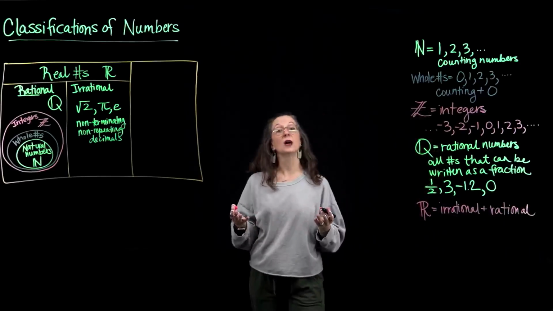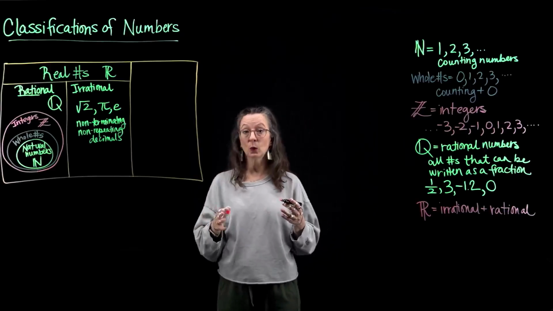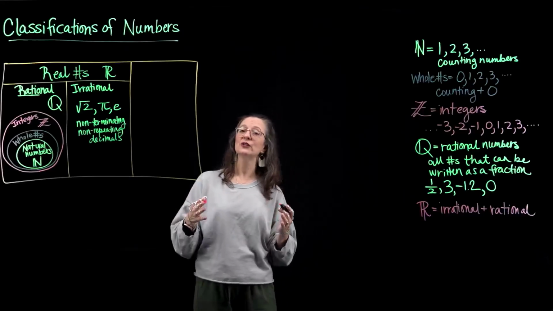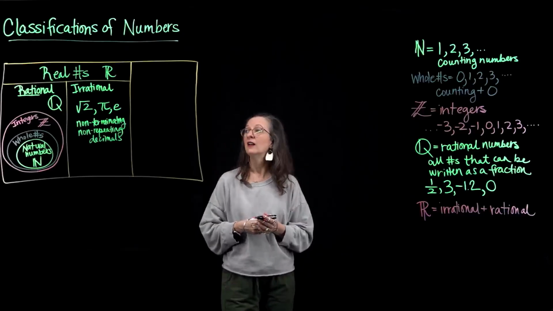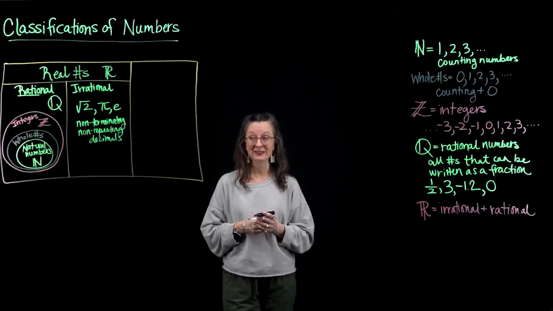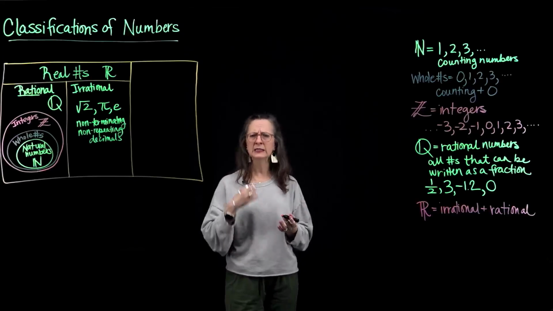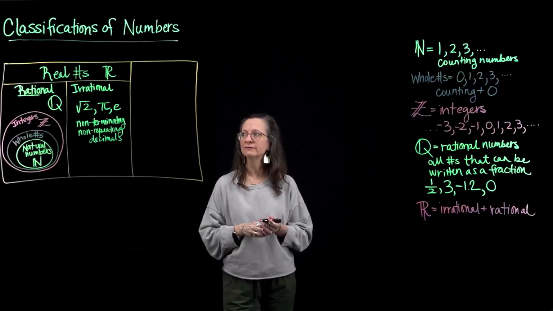Okay, and the real numbers represent the numbers that we can graph on a Cartesian coordinate system or a traditional XY grid. They can be graphed on that. So they may be ugly numbers, but we can find them and estimate them and put them on a graph.